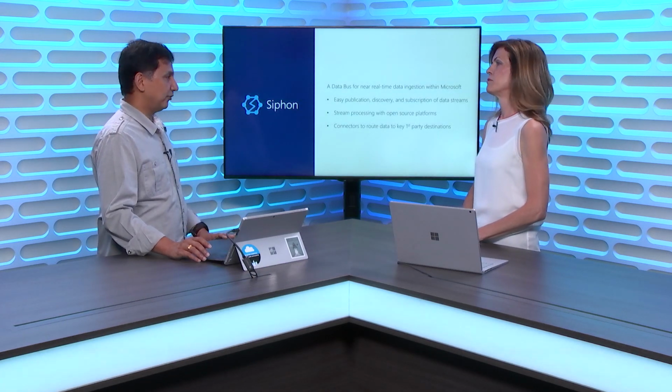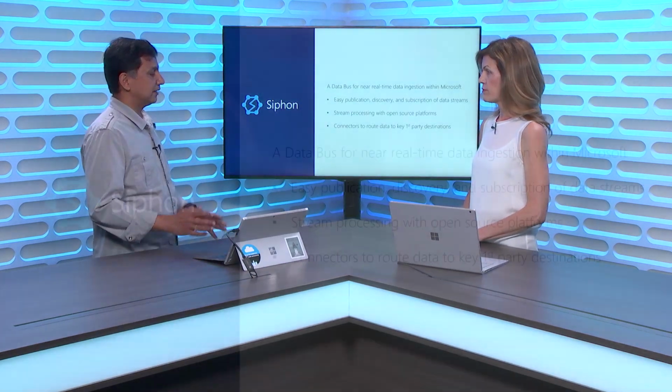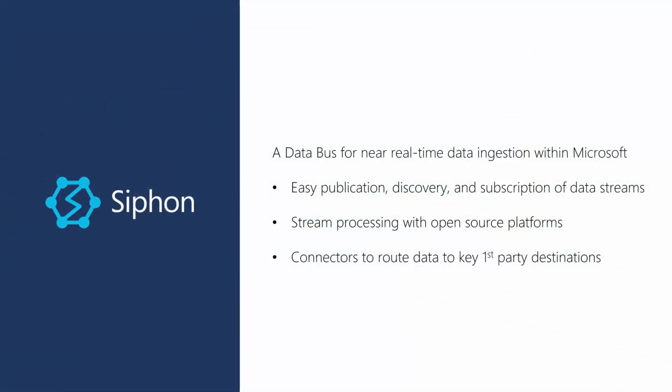Okay, so a quick overview of what Siphon is. Siphon is what we call a data bus that enables high-scale, near real-time data flow for various services to produce and consume. It really supports three things: easy publication, discovery, and subscription of data in near real-time.